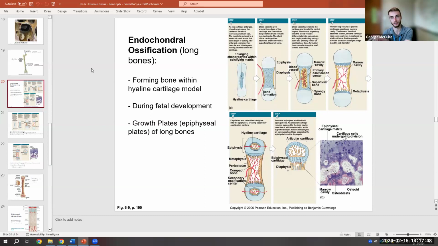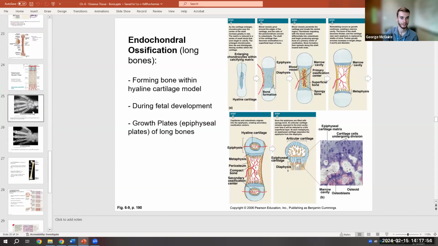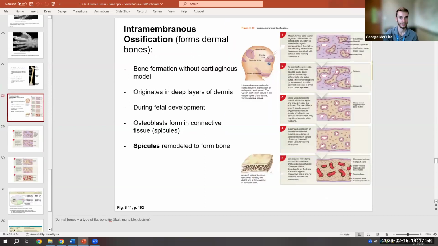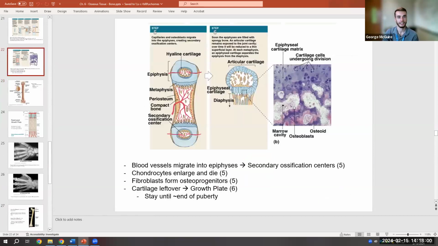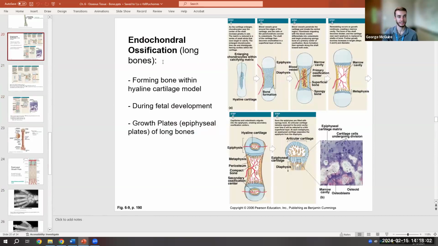Okay. So the general concept that I would be looking for your understanding on with endochondral ossification compared to intramembranous ossification is that endochondral ossification is basically creating bone from within. So there is a cartilage model, this hyaline cartilage model that creates the general shape of the long bone that it is going to create.